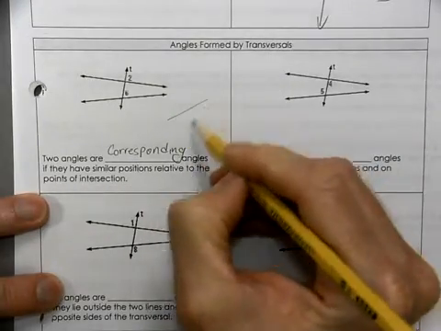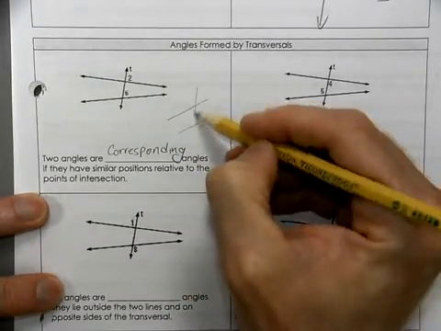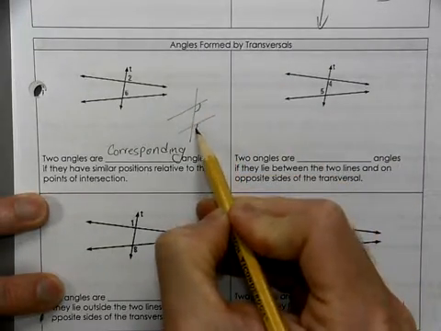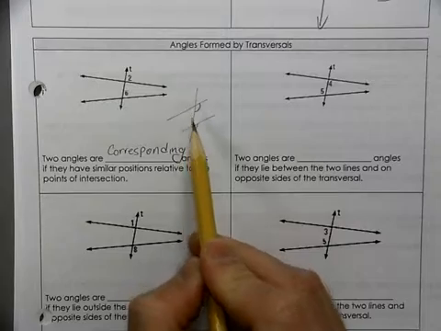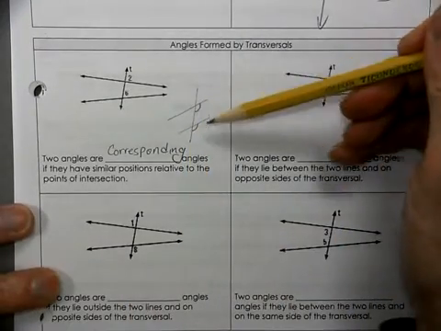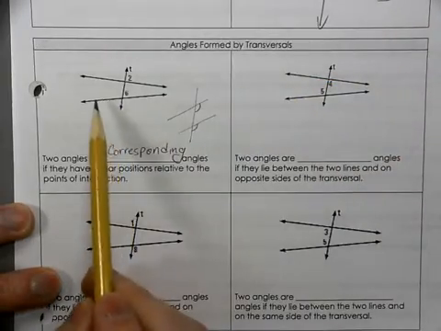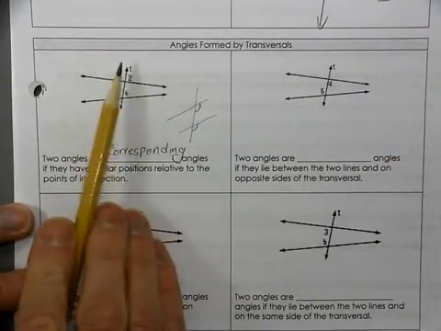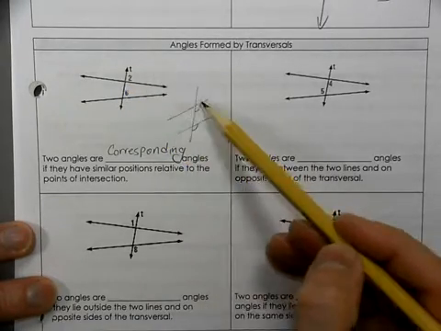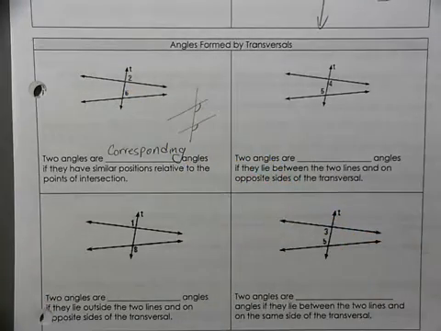Regardless of how they're in here, an angle here and an angle here, notice that they're on the same side of the transversal and they're both below the line. In this case, they're both above the line on the same side of the transversal. They're both pointing in the same general area.